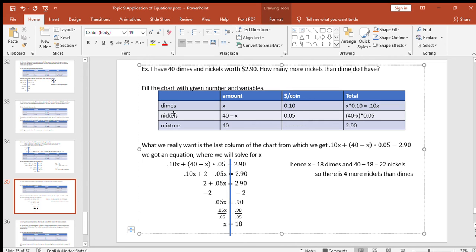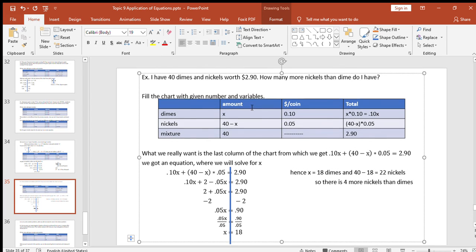Dollar per coin: dimes is 10 cents, nickels is 5 cents, and basically we do the same thing we did in the previous example. Dimes will be x and nickels will be 40 minus x. You might ask, can this be x and this be 40 minus x? Absolutely.